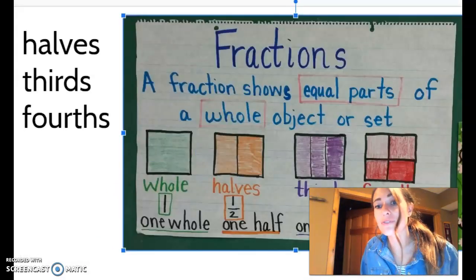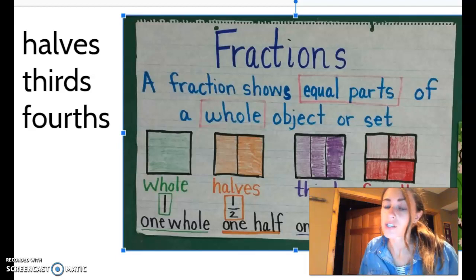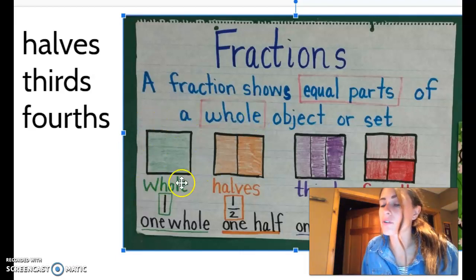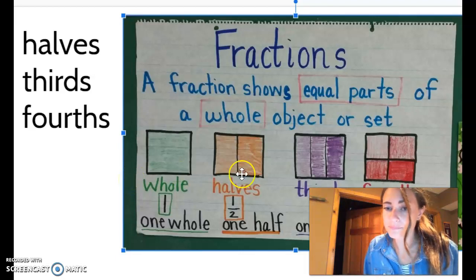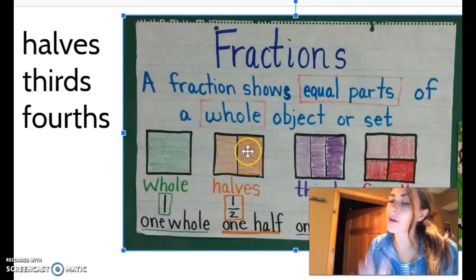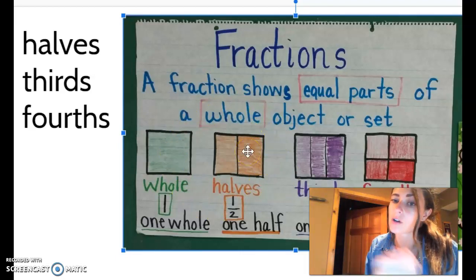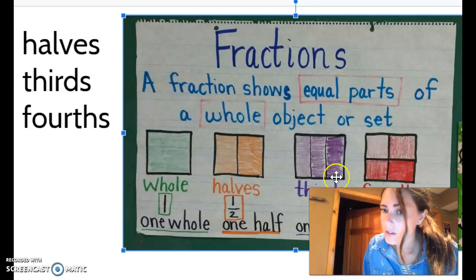So these are called fractions. A fraction shows equal parts of a whole object or set. So this square or this rectangle right here is a whole rectangle. That's 1 whole. So this is halves. There is 1 half over here and 1 half over here. And when you have 2 equal shares, those are called halves.